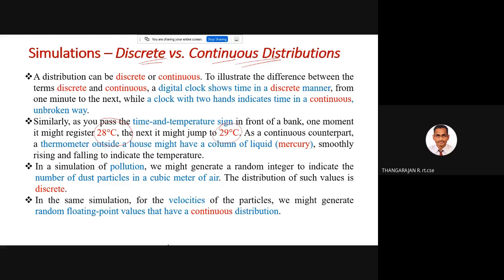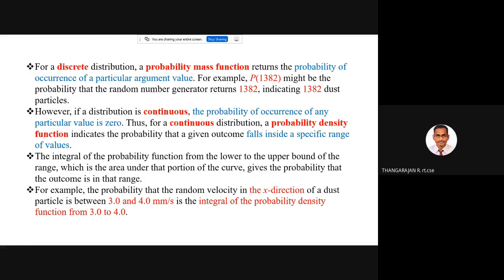But if you see a column of mercury rising and falling with the temperature, the rise and fall is not in discrete steps, it is continuous. That is the difference between discrete and continuous distributions.